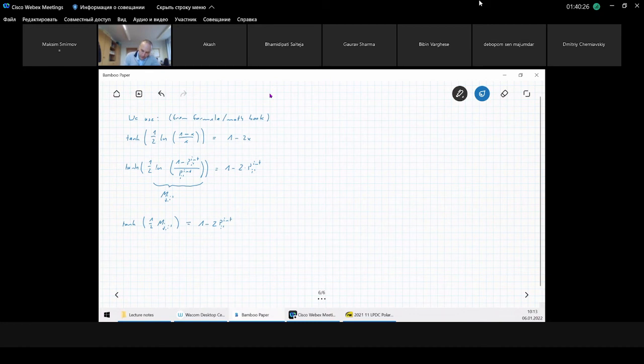So now here we have the LLR instead of the probabilities. And with this, we finally get an equation which, well, it's a bit lengthy.